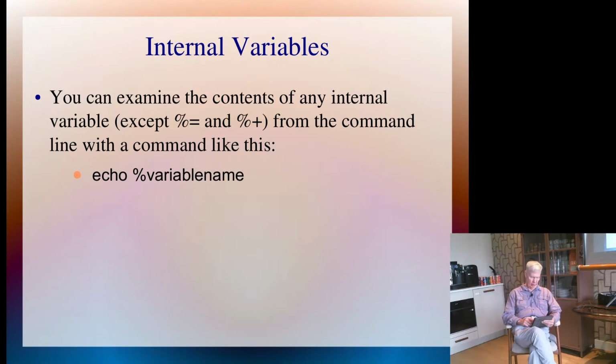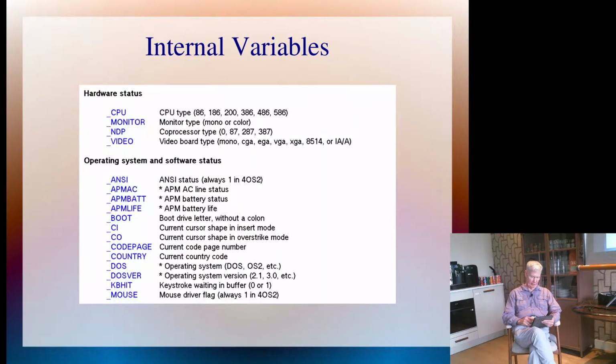And again, next slide, I have a list of the different ones, and you can see that they're things like the CPU type, the boot drive, the code page, all kinds of various information that you might need to process or to at least find out if you need to do something.